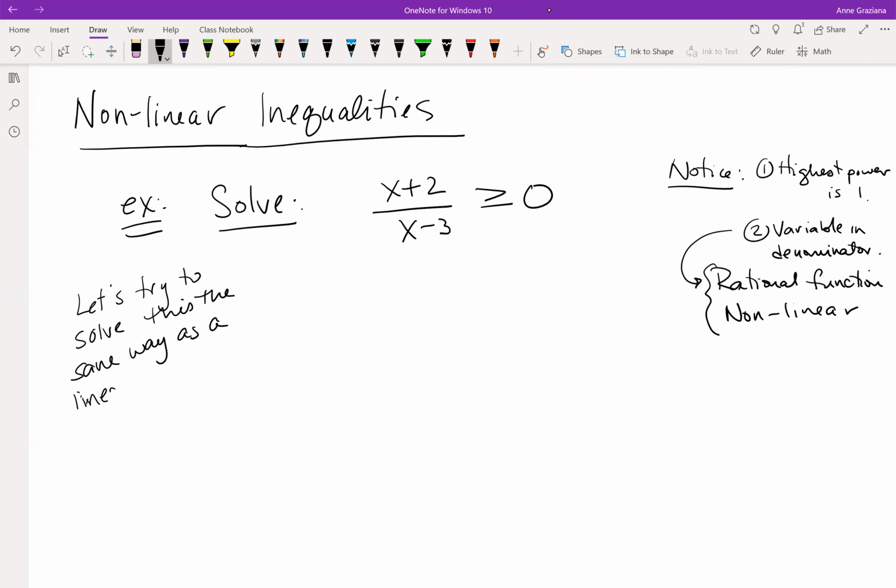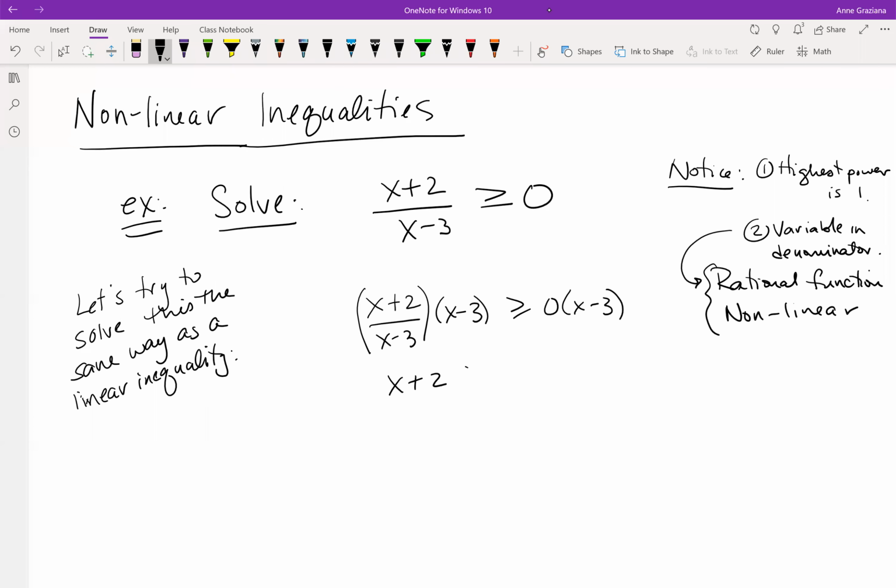Okay, so a linear would just say, okay, let's clear fractions. So I'm going to take this fraction and multiply by x minus 3. Okay, and that clears the fraction and we get x plus 2 is greater than or equal to 0. Subtract 2 and x is greater than or equal to -2.